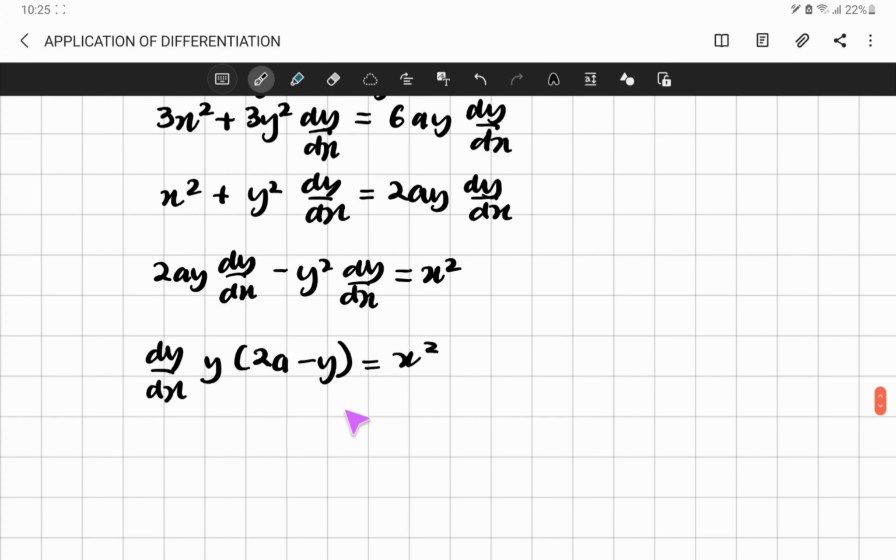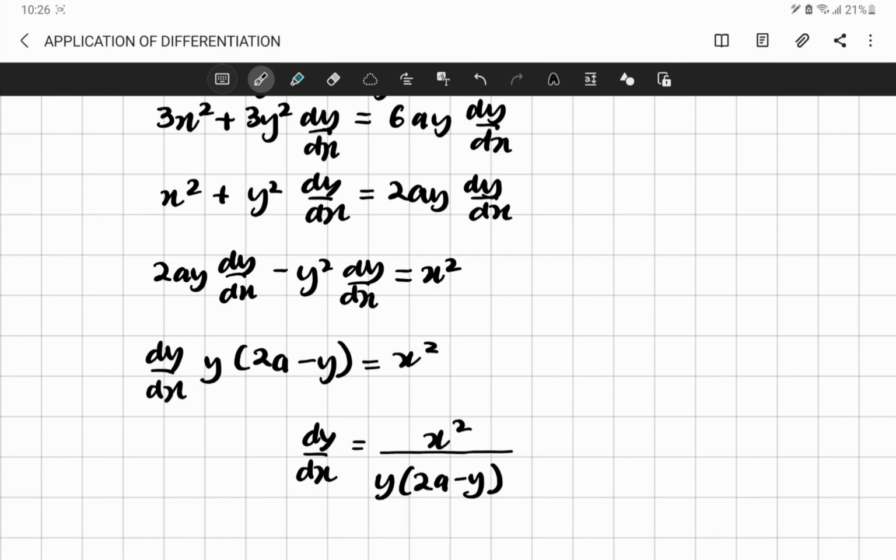Let us cross multiply y times (2a minus y) to the right hand side, and our dy/dx is x squared divided by y times (2a minus y). This is an expression in terms of x, y, and a for the gradient at any point on the curve.